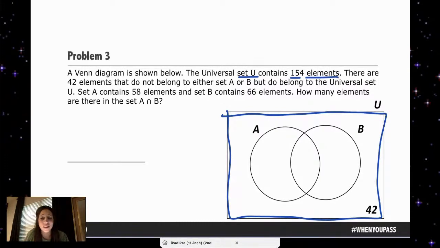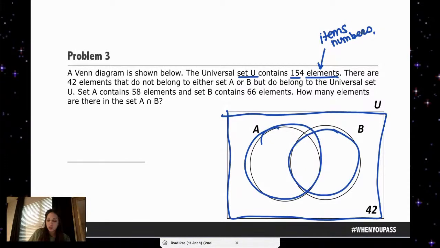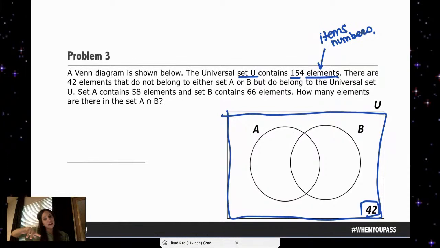You're probably like, listen, Amy, I am not taking a chemistry test. I'm taking a math test. Elements are just items or numbers or whatever you want to think of it as, pieces of data, okay? There are 42 elements that do not belong in A or B, which is why they are on the outside, but they do fit in the U section.